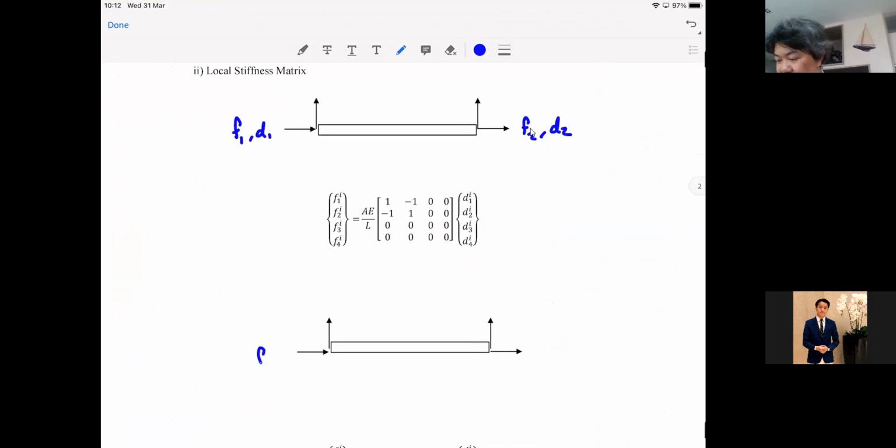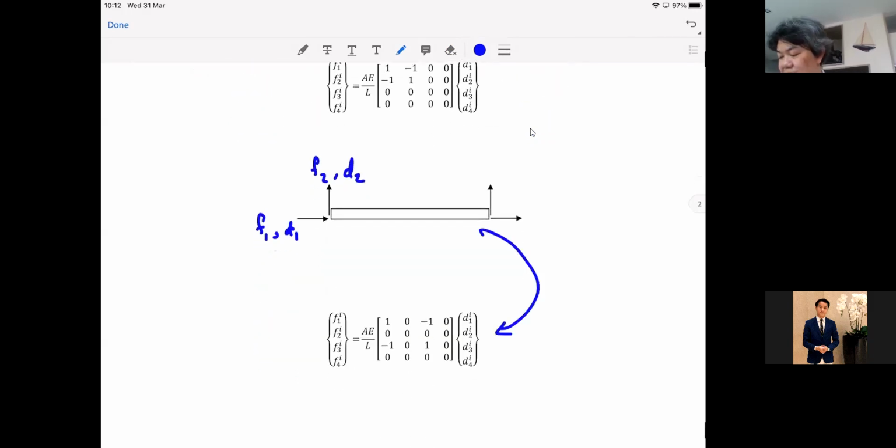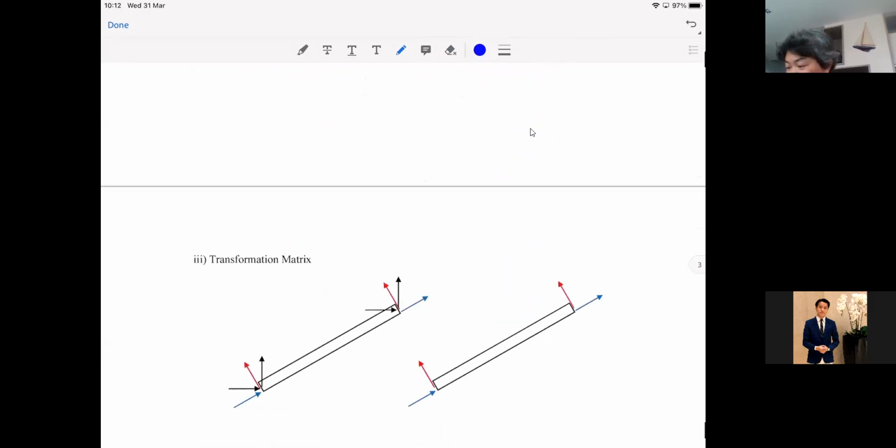And then when we change this to F1, D1, and then F2, D2, this is what you're going to have. All right, I already showed you how it happened, okay? And if it's not clear enough, you can refer back to this supplement. Okay, let's move on to the next page.